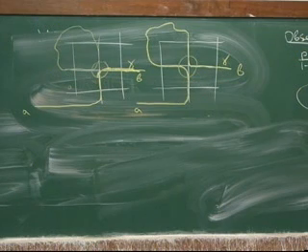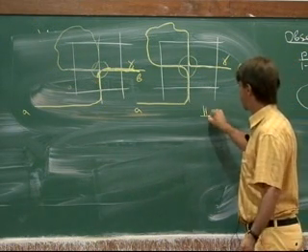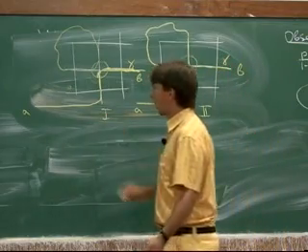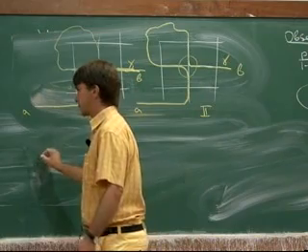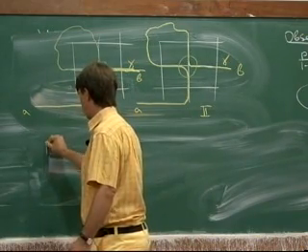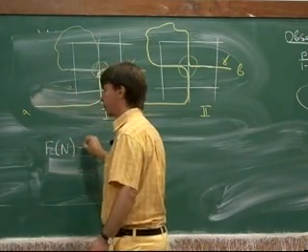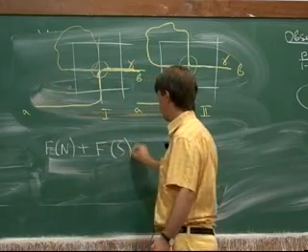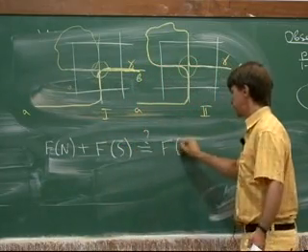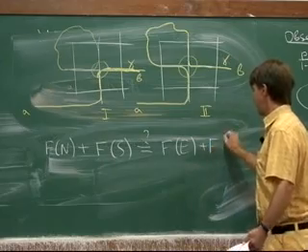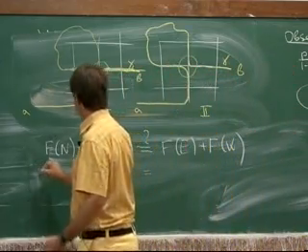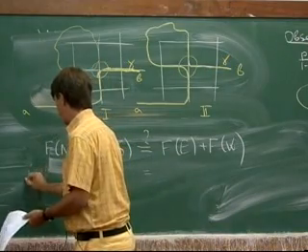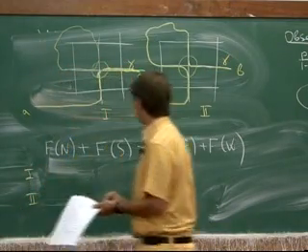Then I want to see what happens with these two pictures. Let's say this is picture 2, and this is picture 1. I want to make a big table which says what happens with F north plus F south equal to F east plus F west. So what happens with pictures 1 and 2?